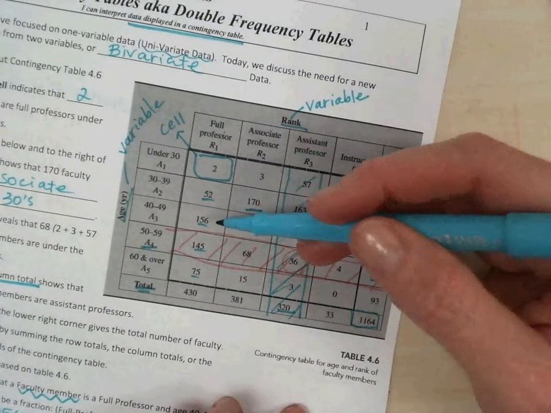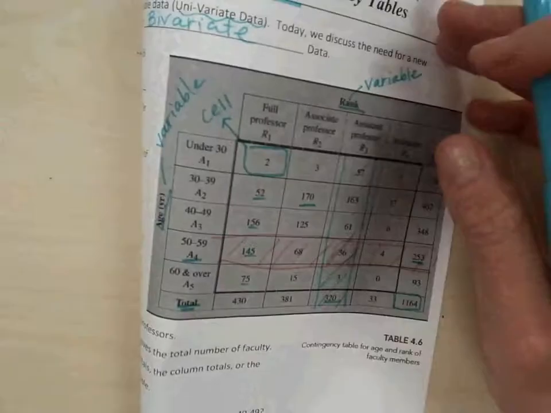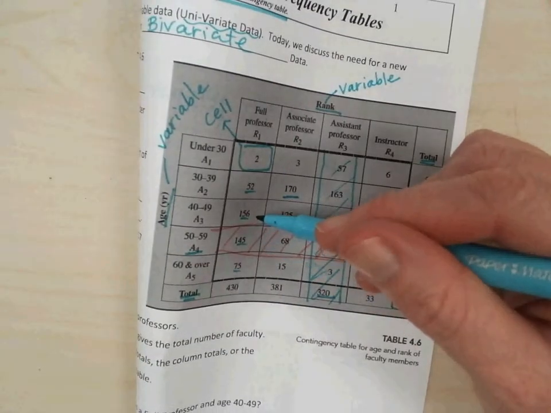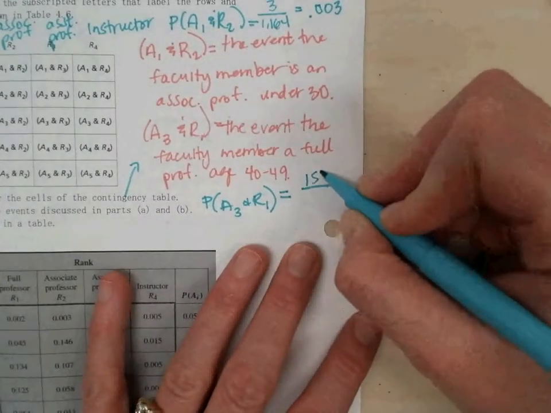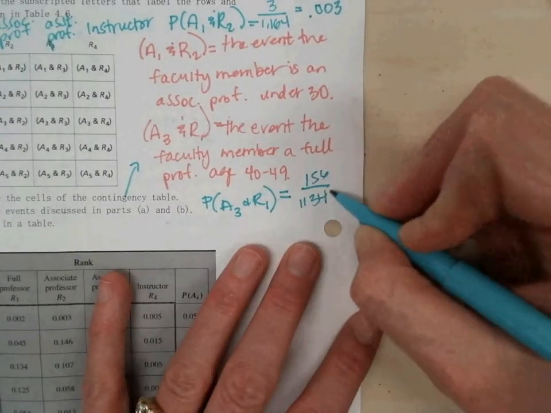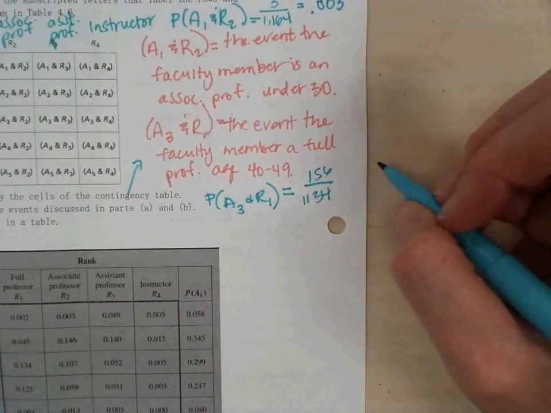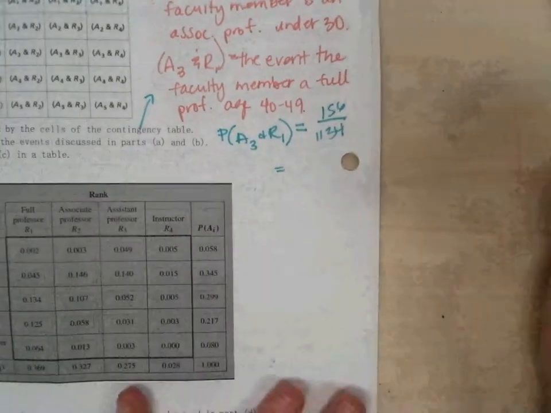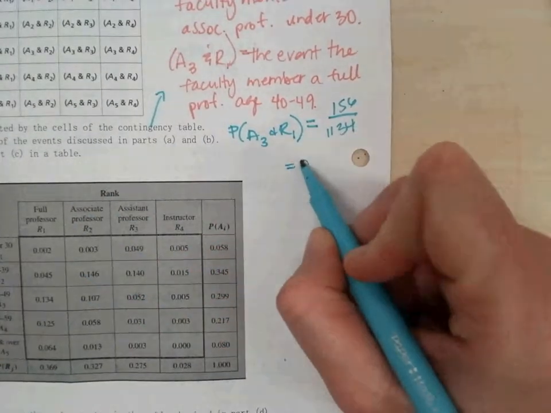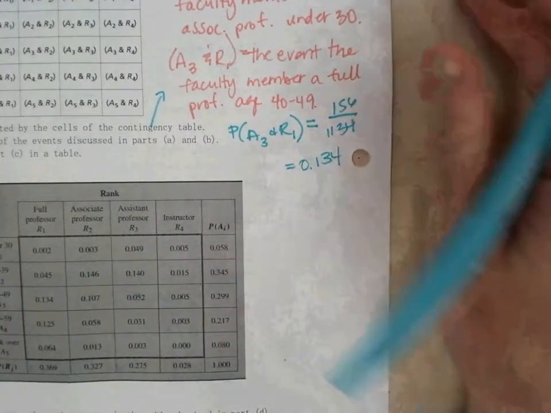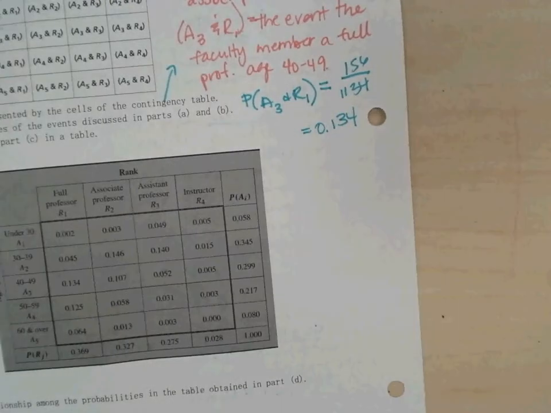A3 and R1, we had 156 out of, is that what you got? It tells us on the next graph. A3 and R1, 0.134. Thanks, Ellie. You found it.